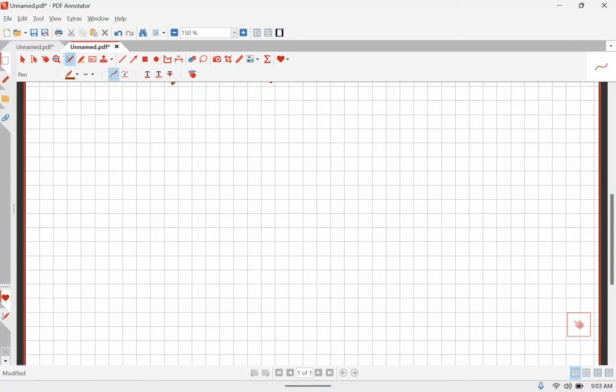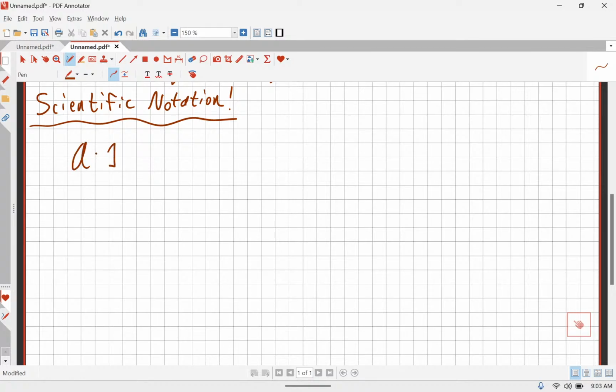Okay, moving right along, guys. Got a pencil? Scientific notation. So, a value in scientific notation looks like this: something times 10 to the something. And there's a couple of rules about these somethings.